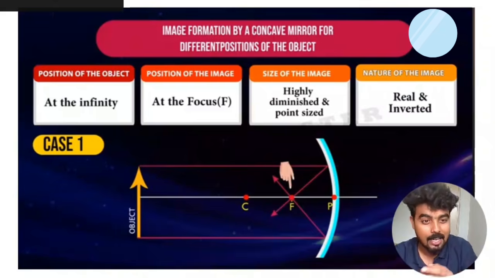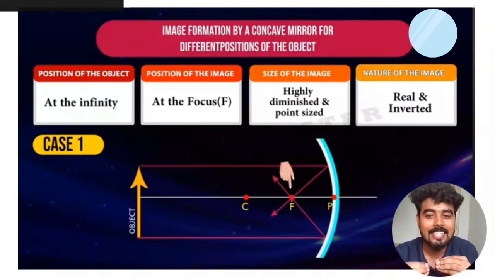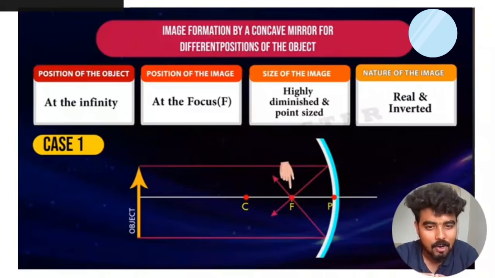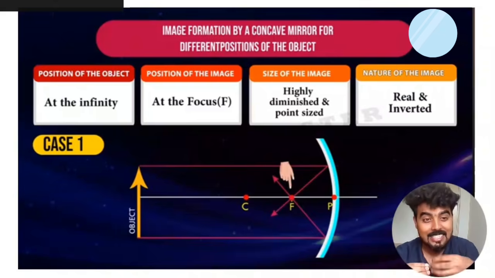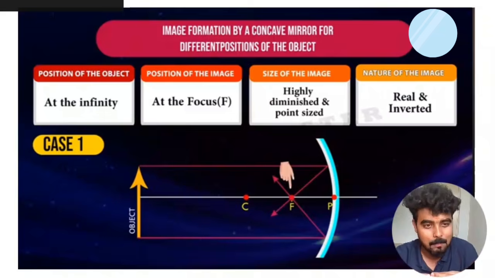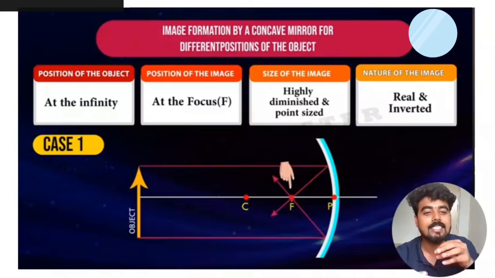After the reflection, according to rule number one, all the rays meet exactly at the focus F. So the image is formed at the focus F. The nature of the image formed is real and inverted. So what is the size? The size is highly diminished or point size, very tiny.